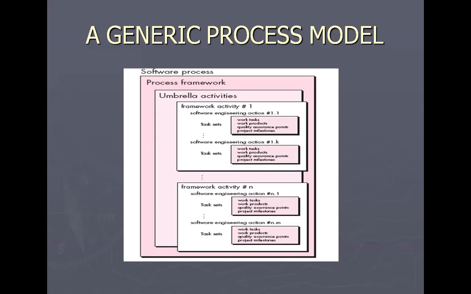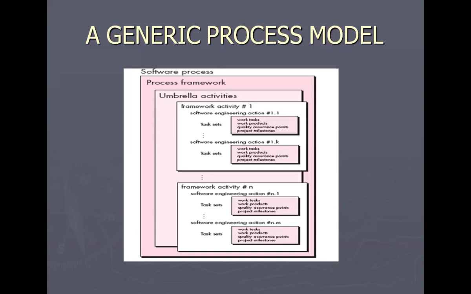As the diagram shows you, the framework activity is populated by a set of software engineering actions. The first one is your actions. An action is a collection of related tasks that produce a major software engineering work product. For example, design is a software engineering action.